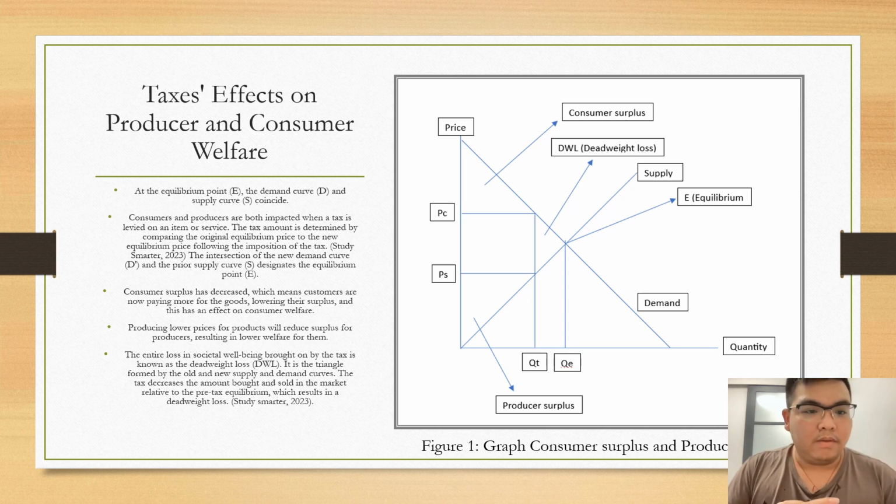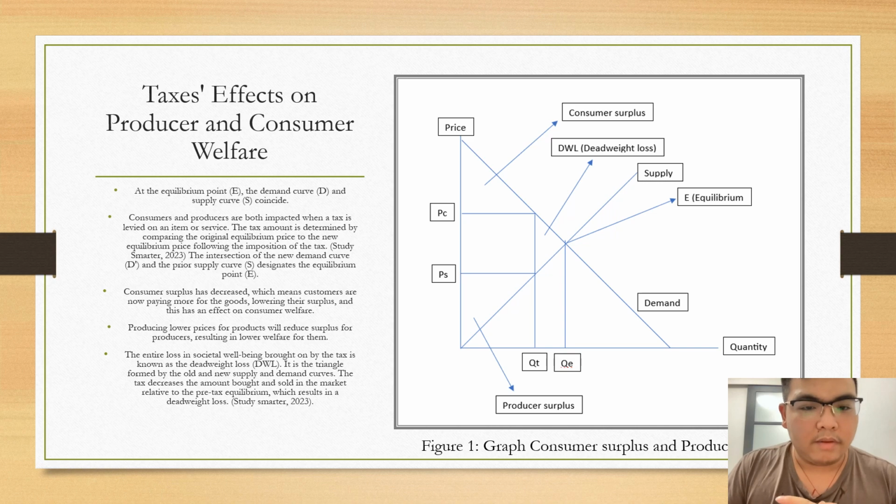This is because the tax amount is determined by comparing the original equilibrium price to the new one, following the imposition of the tax, at the intersection of the new demand curve D and the prior supply curve S, designated as the equilibrium point E.